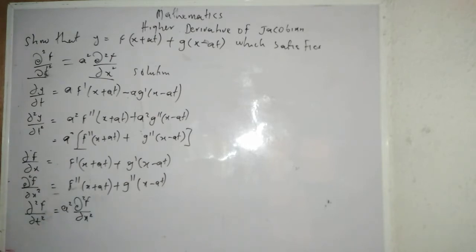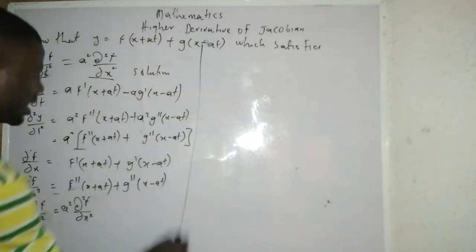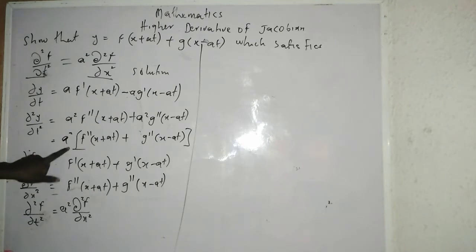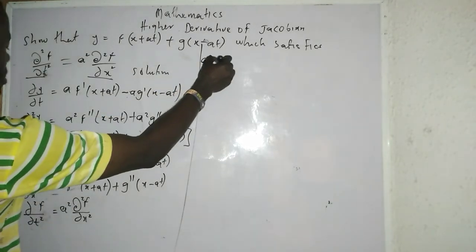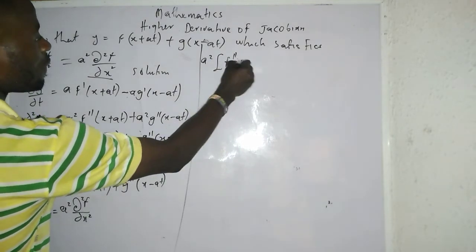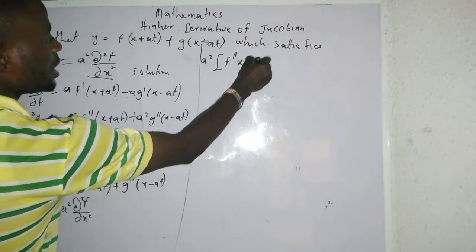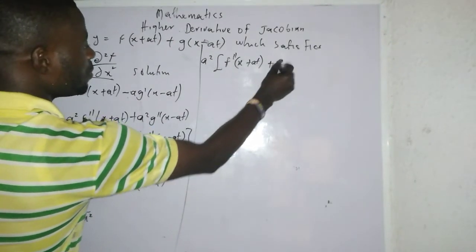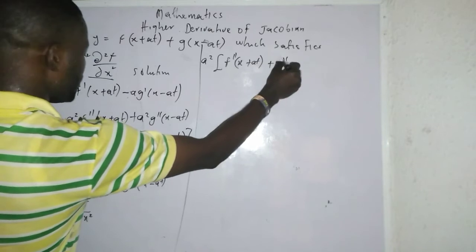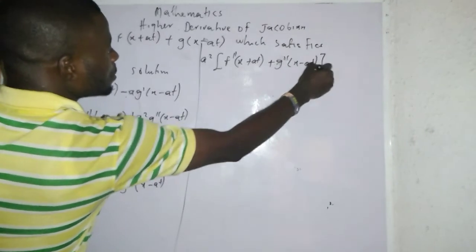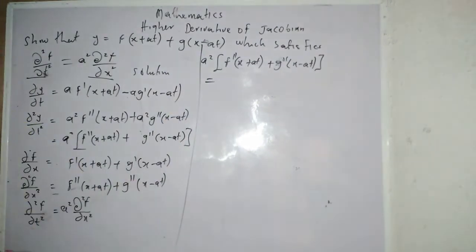Now, can you see that this is equals to this? Why? Because of what? You can see that, now, my this is what? A squared bracket of what? F prime prime of what? Of s plus at plus g prime prime of s minus at, close your bracket, which is equals to, now attach your a.